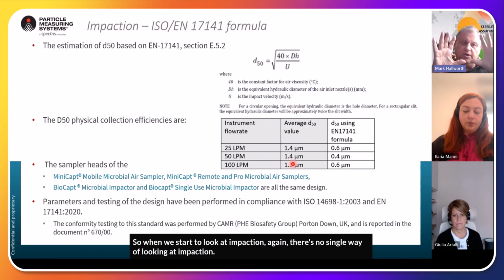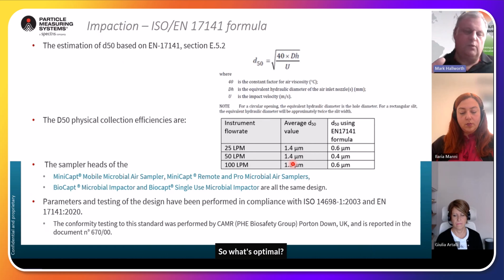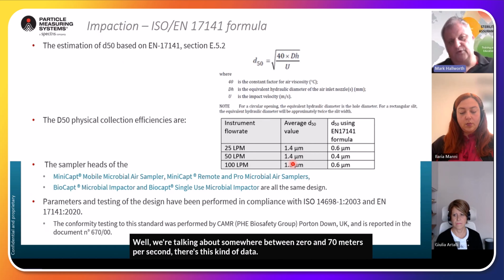So when we start to look at impaction, again, there's no single way of looking at impaction. So what's optimal? Well, we're talking about somewhere between 0 and 70 meters per second. There's this kind of data.